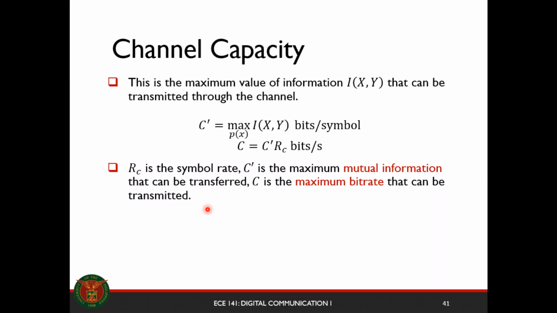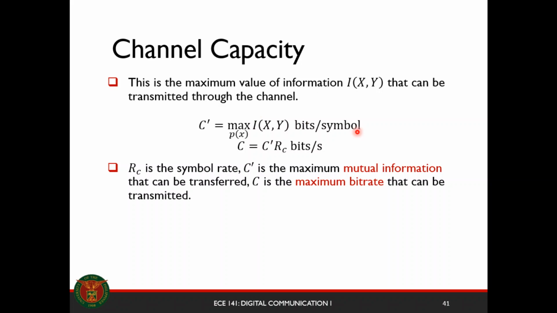The channel capacity is defined as the maximum mutual information I of XY, depending on the probability distribution of X. So this is the channel capacity measured in bits per symbol.